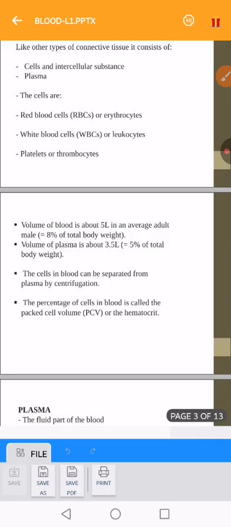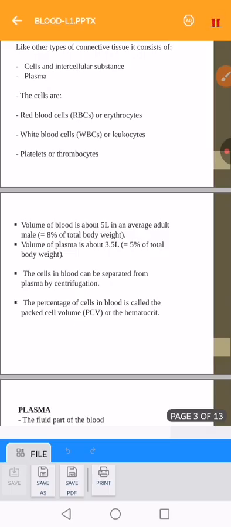Why do we need that? Because sometimes we need to do a blood test on the plasma separately and on the cells separately. We are going to see later on what those blood tests or investigations are. We need to separate the blood into cells and plasma.